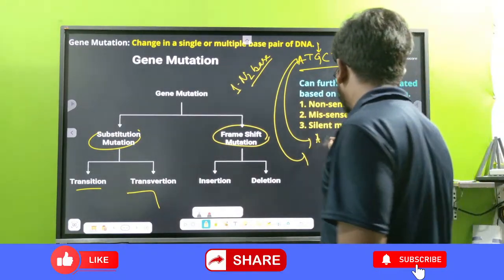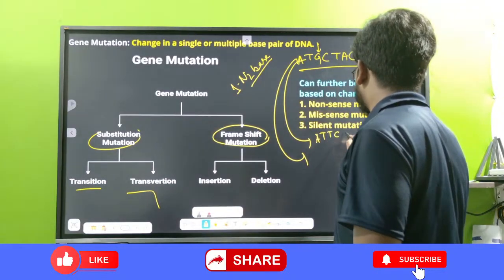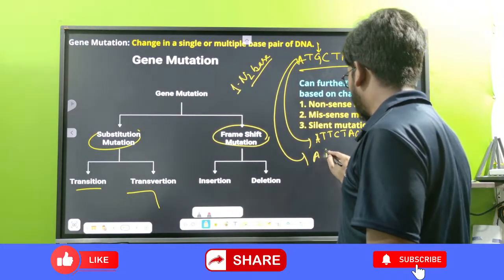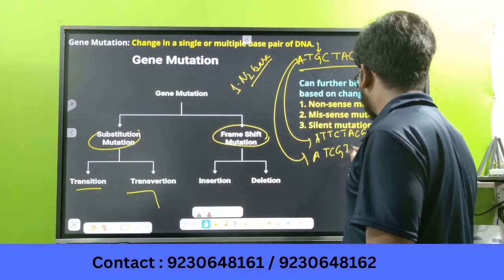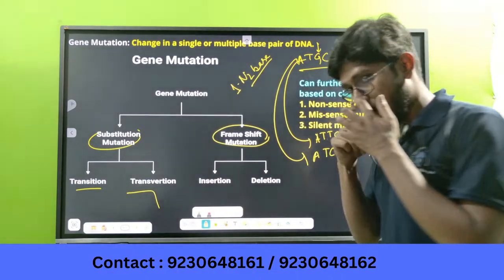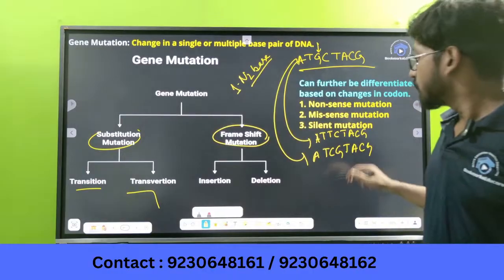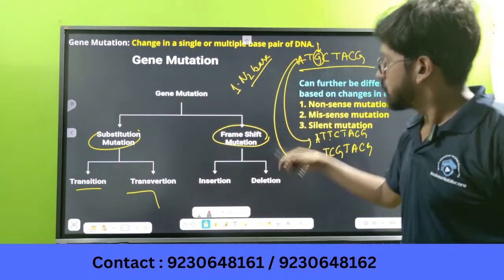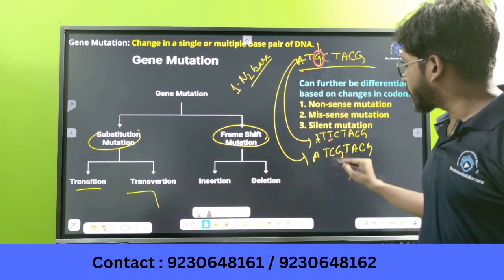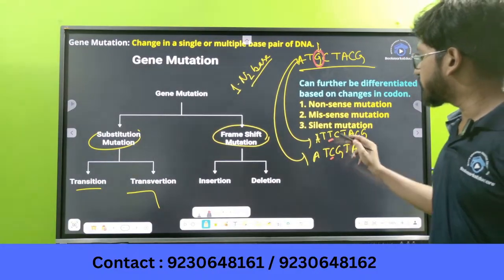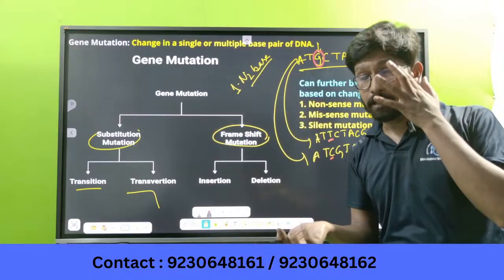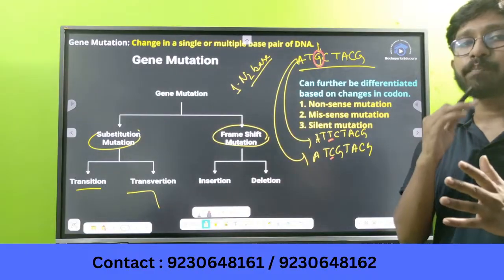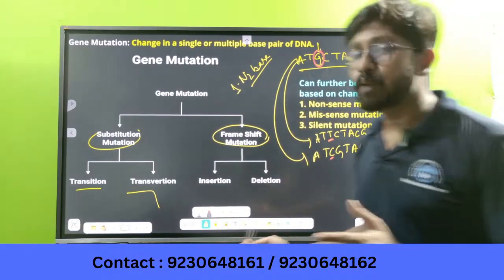One is A, T, T, C, T, A, C, G, and another can be A, T, C, G, T, A, C, G. What happens is, यहाँ पे G got replaced by T and C. If it is replaced by T, as in the same group of purine, अगर प्यूरिन के साथ सब्स्टिट्यूट हुआ या फिर अगर पिरिमिडिन के साथ सब्स्टिट्यूट हुआ, then we will call it transition.